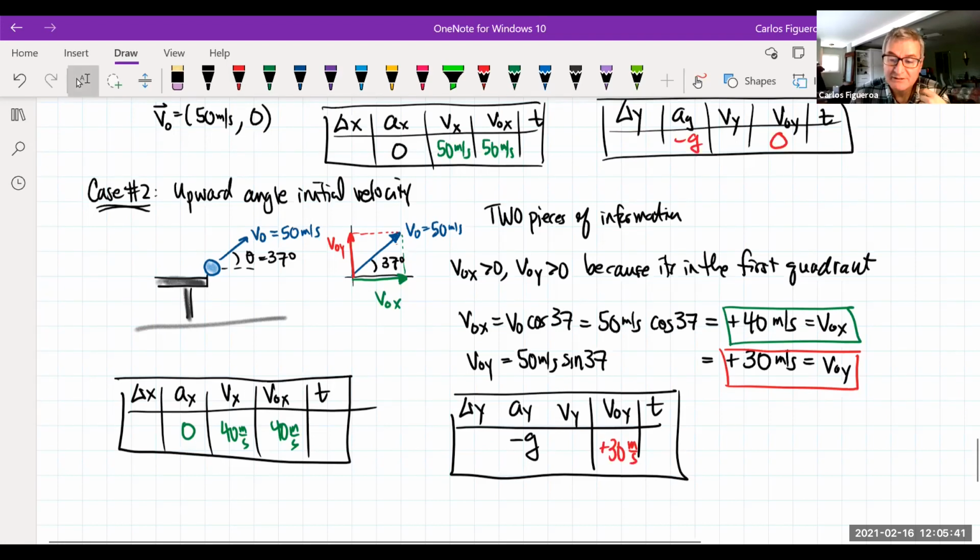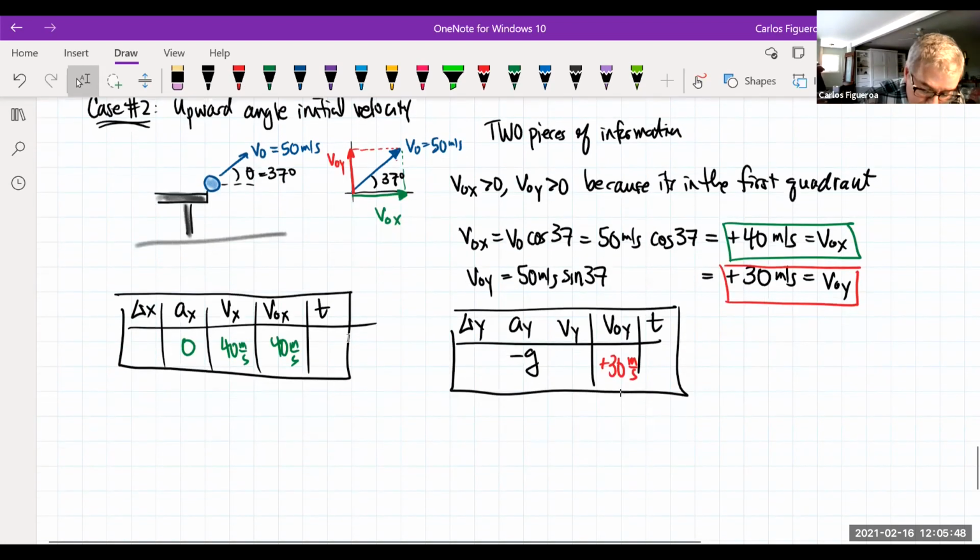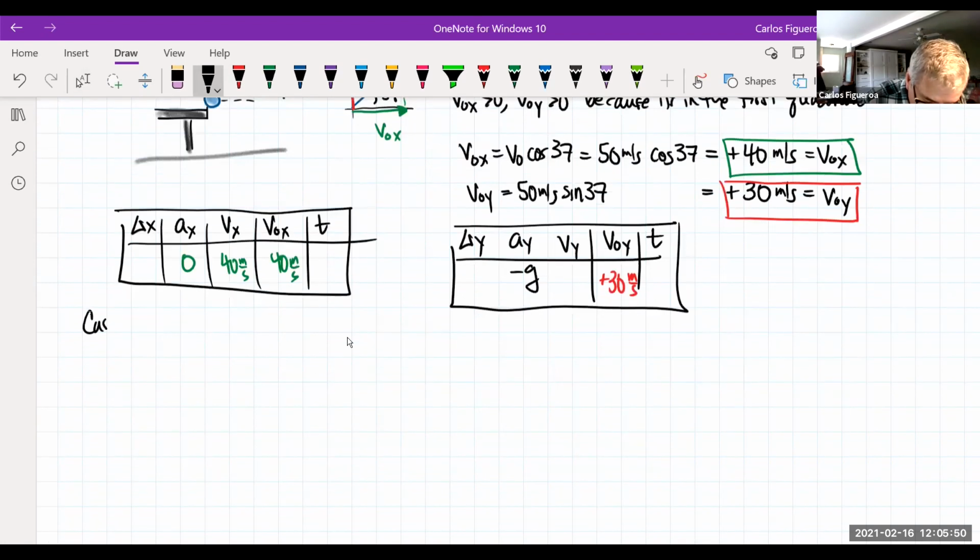So there's one last case that we want to go look at. And let's go look at this thing here. Case 3. This time, we're going to have a downward angle velocity. And so what happens this time?